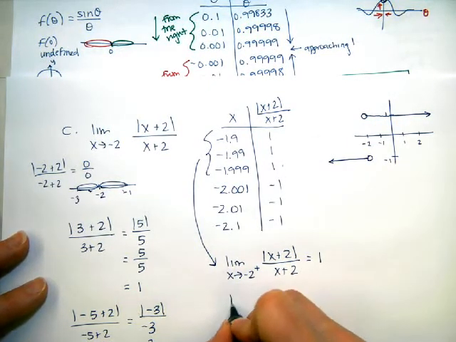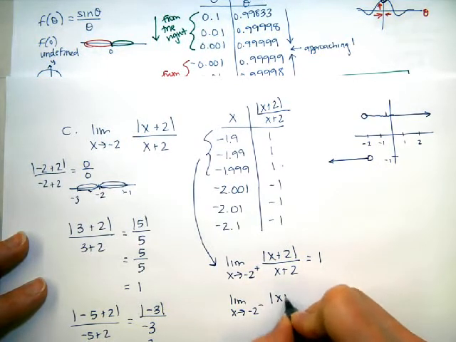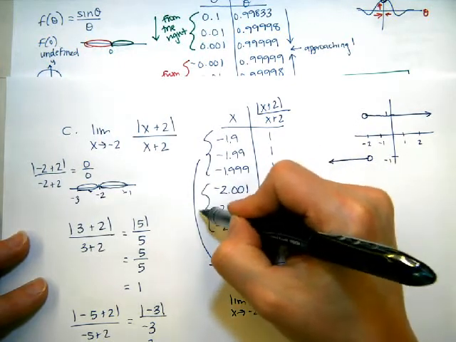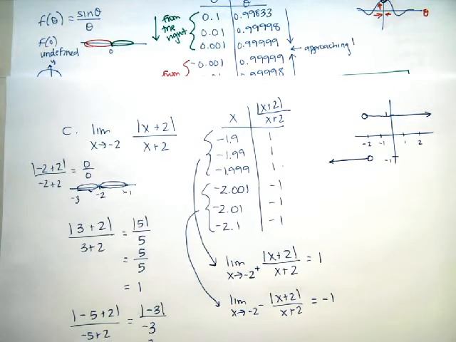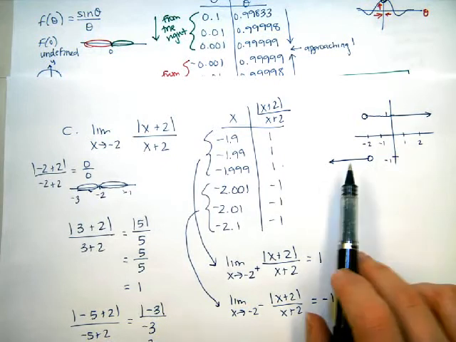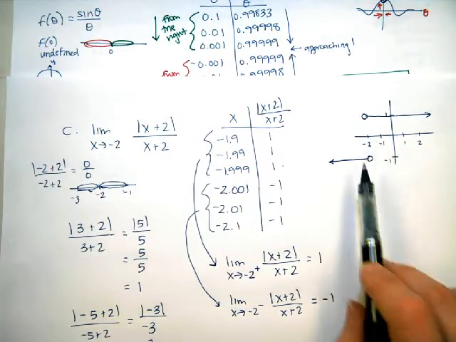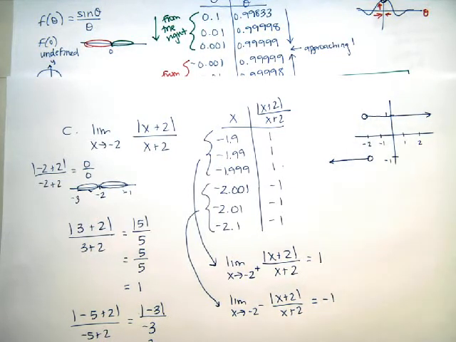And then if I look at the left-sided limit, which would be these, that's approaching a negative 1. So I'm seeing this from the table. I am also seeing it from the graph, that as we approach negative 2, from the left we get a negative 1, from the right we get a positive 1.